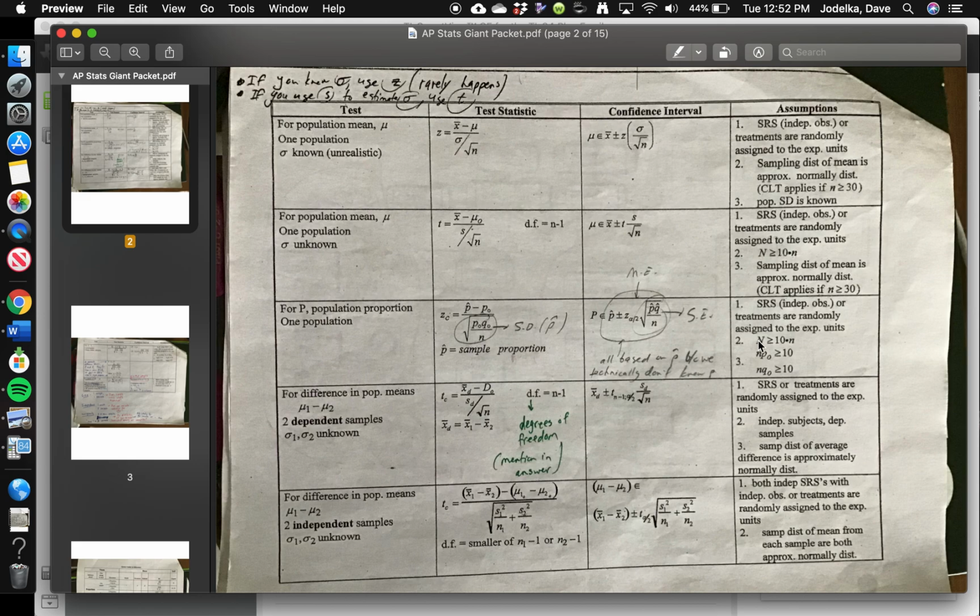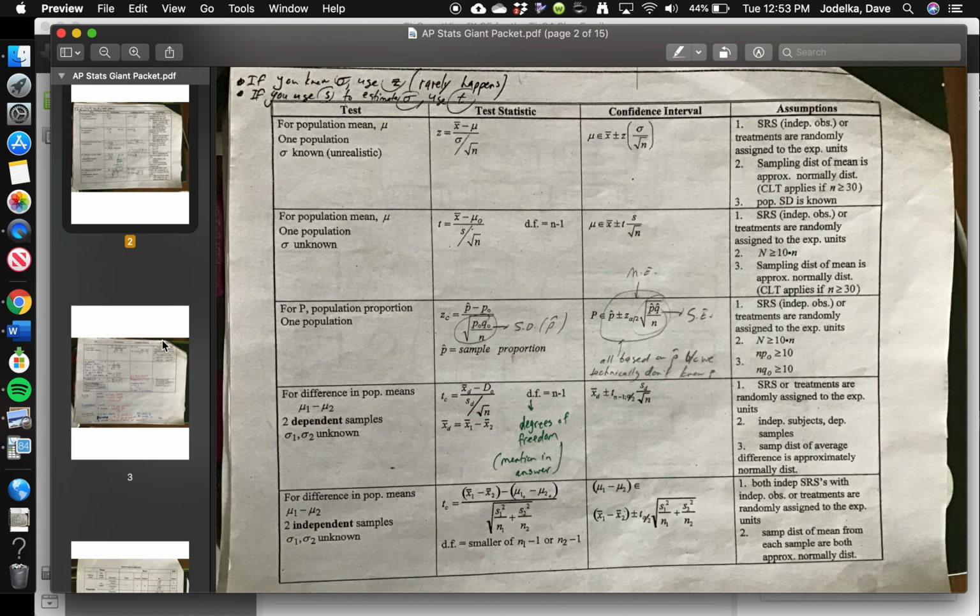Capital N, that's like saying the population, and this is like you saying my sample is less than 10% of that. It's just a funky way of writing it. And then they write SRS here, independent or random. So if you were trying to make sense of this chart, that's what that means. And this gets a little more detailed, I guess, because it tells you how to find the confidence interval.